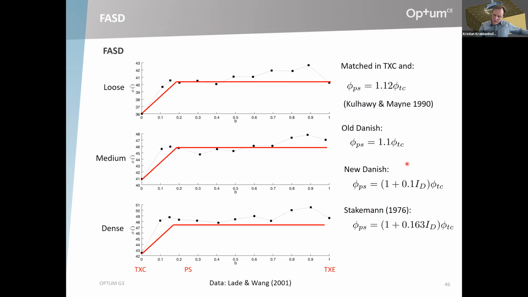I'm not sure there is this dependency on the relative density. These Lade data don't really show much of that type of dependency, that this ratio, the plane to triaxial ratio, should depend on the density.